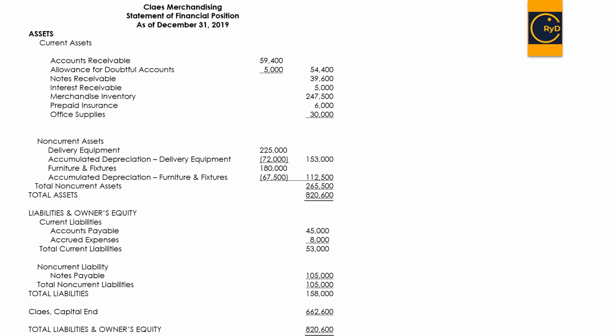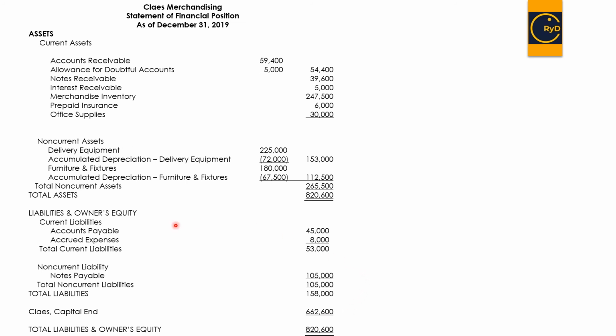Since I have mentioned earlier that we have already computed the capital balance end, hold on class, let's try this. Since we have already computed our capital end, we will check our total liabilities.